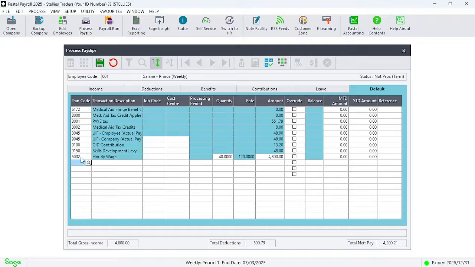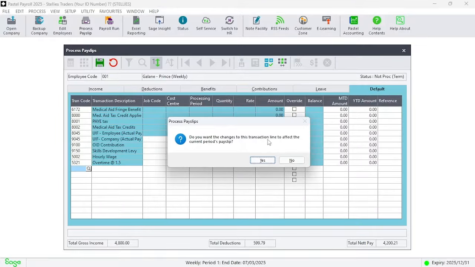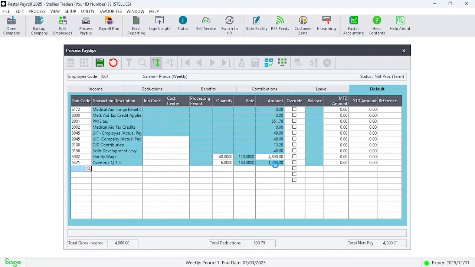This code 5002 has been used. It's fine. It's given to us and we have to use it. So we move to overtime 5321, and there you will find that it's already calculated at the rate of 1.5. All we need to do is put in our 6 hours. And then we are fortunate enough that the computer or the app will calculate the figure.